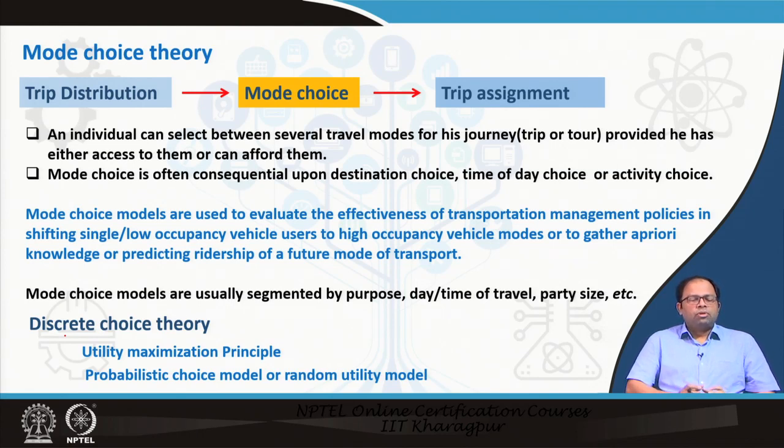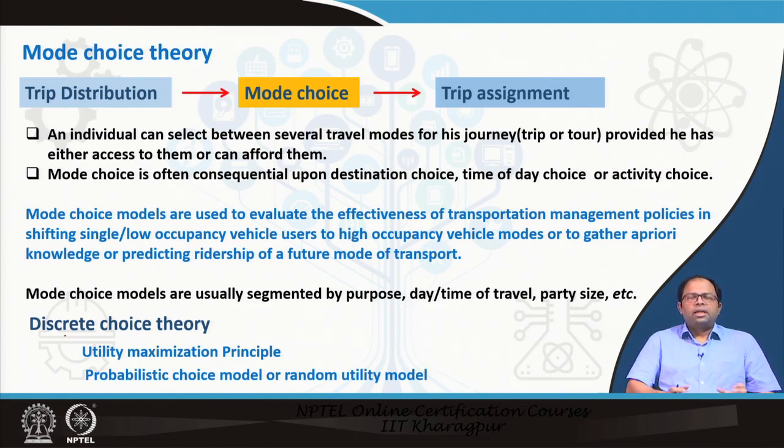And in mode choice, the trips, after being distributed, that is after we know the number of people traveling from zone I to zone J, and also at what time of the day or in what period of the day, maybe in the peak period or non-peak period, after we divide that distributed trip between the time periods, then we take up the step of mode choice.